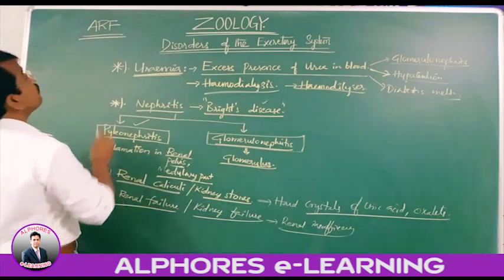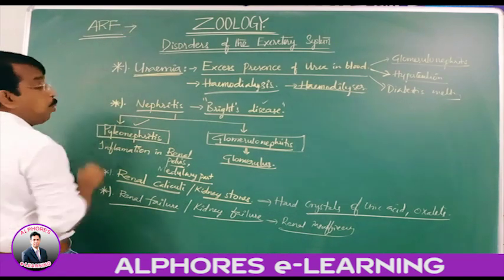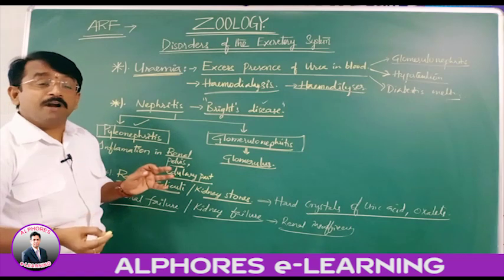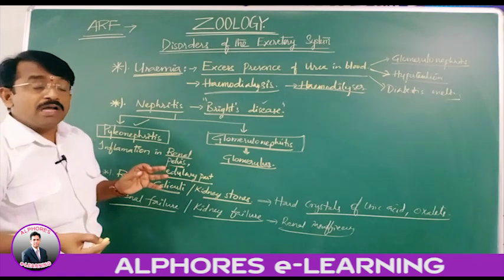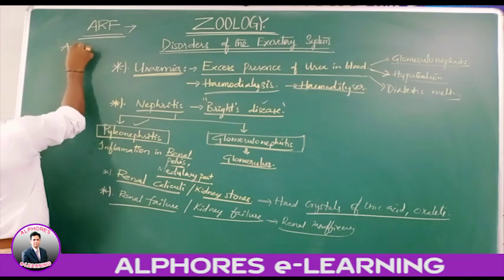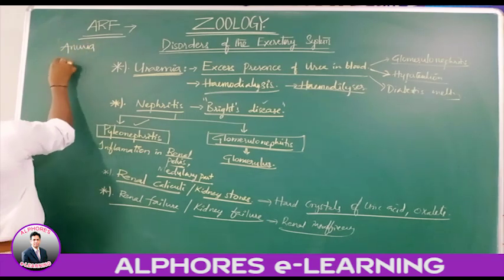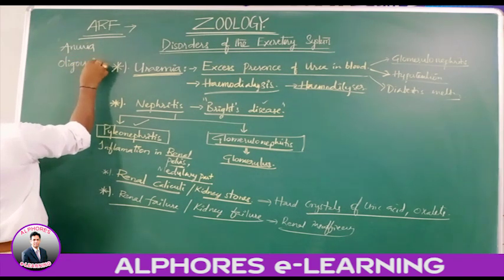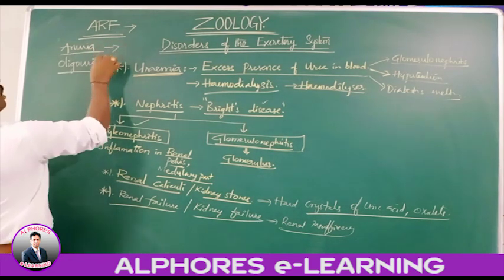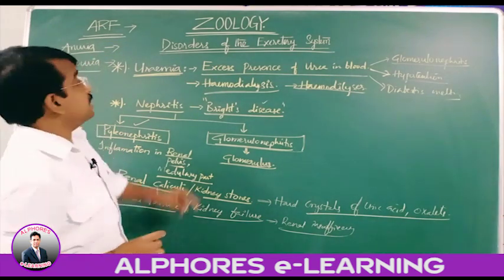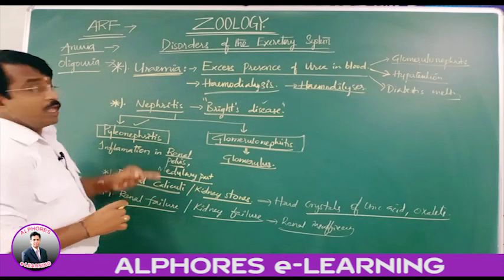So acute renal failure is a condition where the kidney has completely failed, where severe conditions, anuria and oliguria, may take place. Anuria and oliguria in acute renal failure.